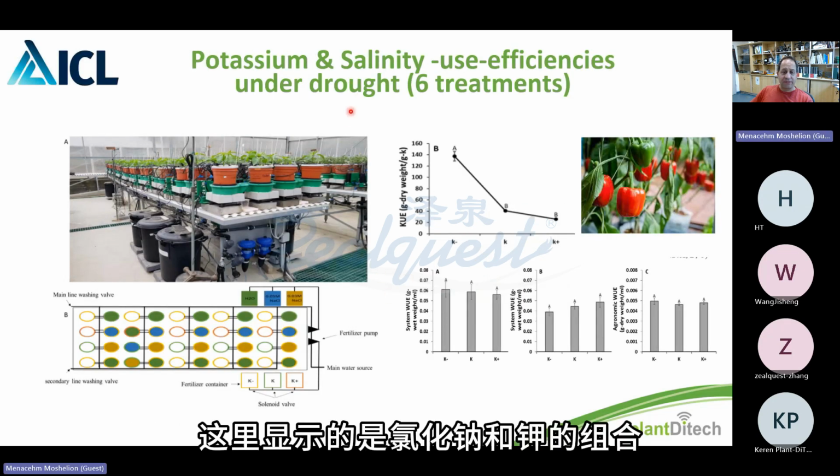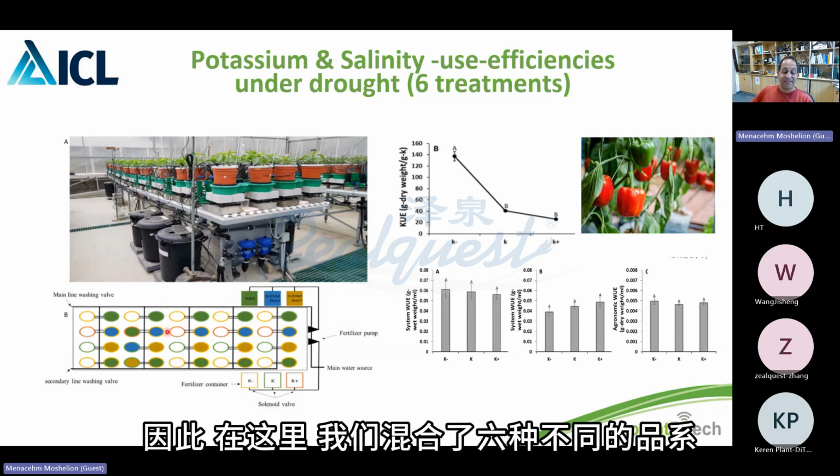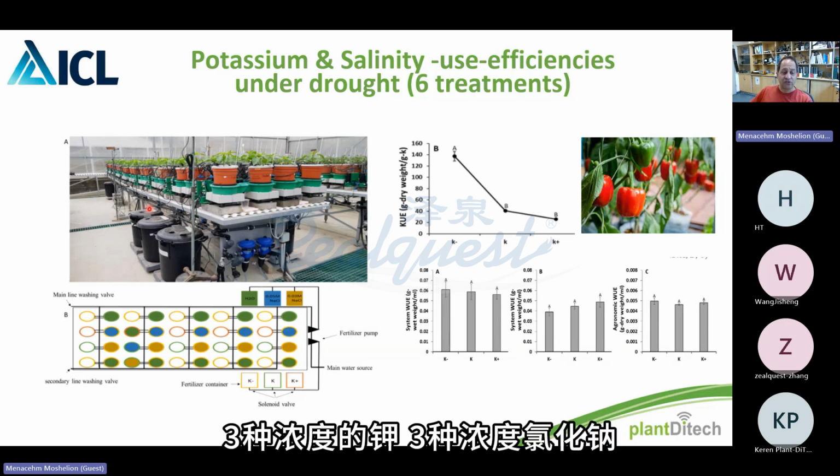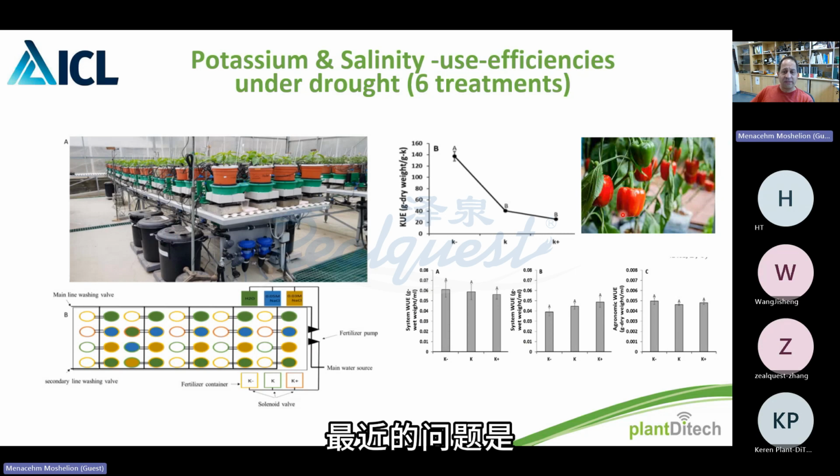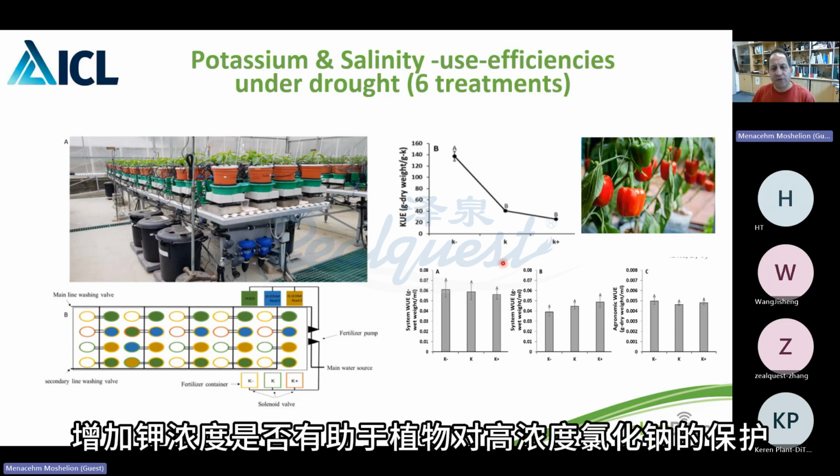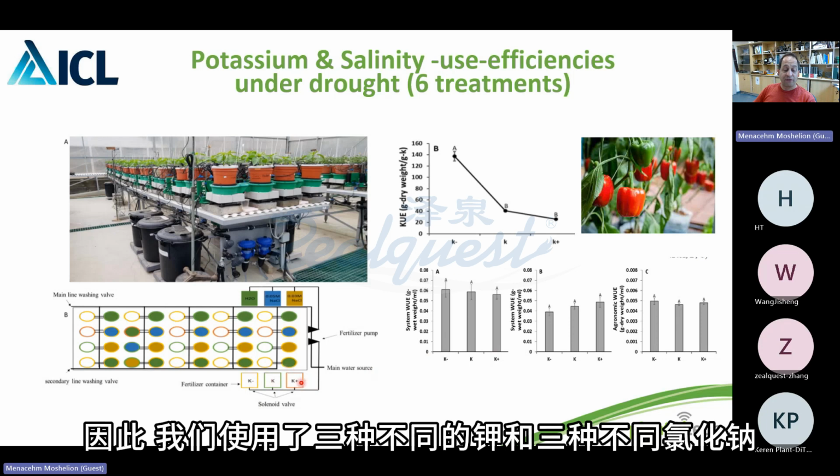Another experiment shows you a combination of salinity and potassium. So here we mixed 6 different cell lines, 3 concentrations of potassium, 3 concentrations of salt, and the research question was, would increased potassium help protect the plant from higher NaCl? So we used 3 different potassium levels and 3 different NaCl levels.